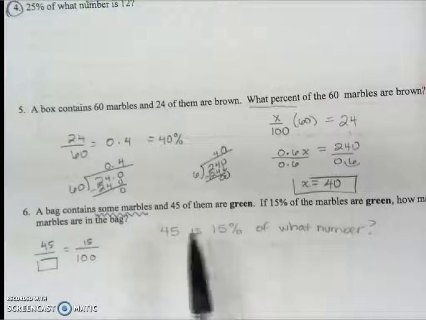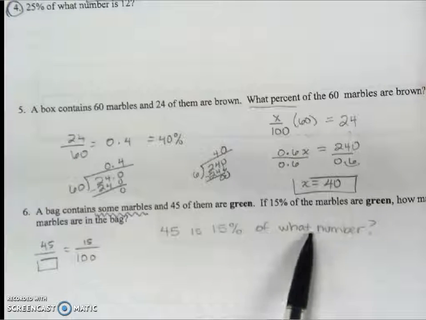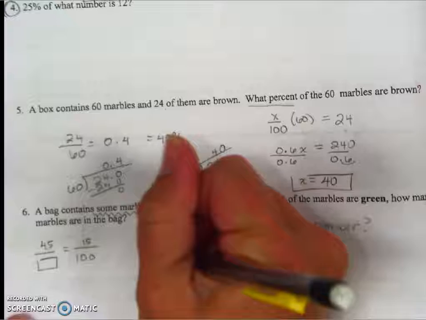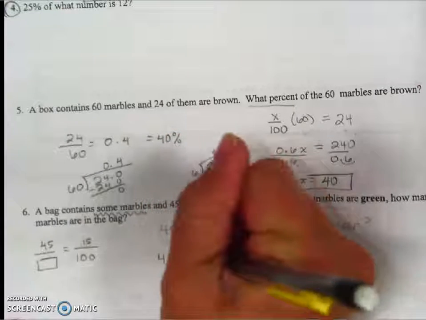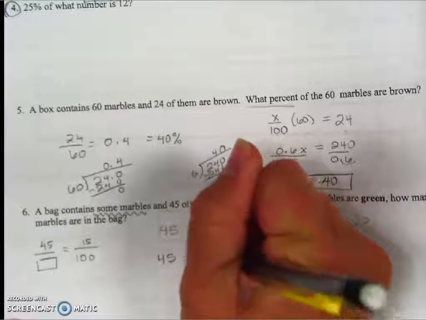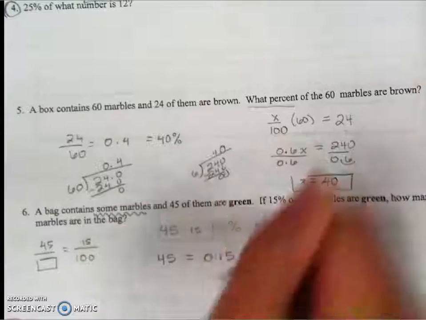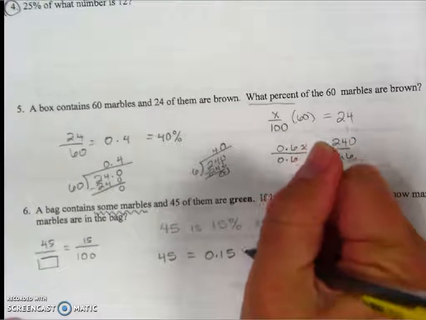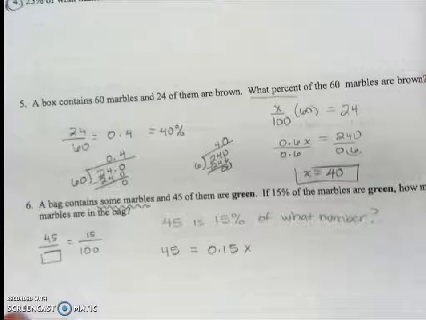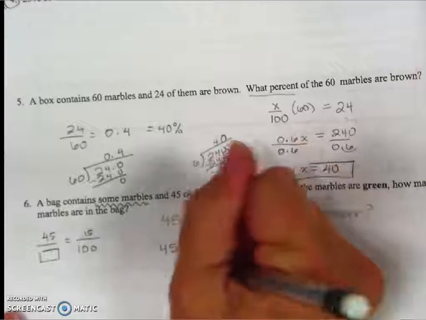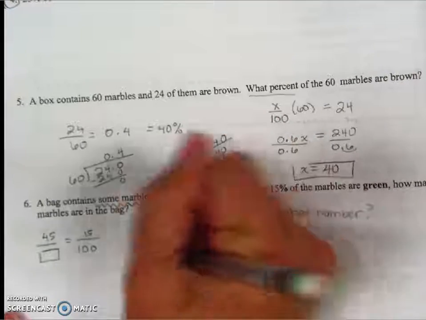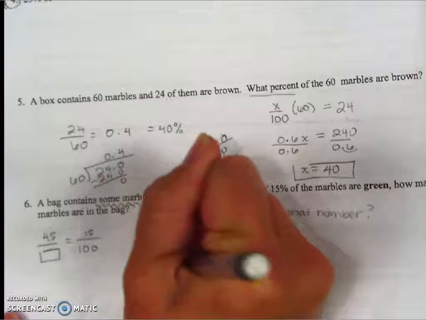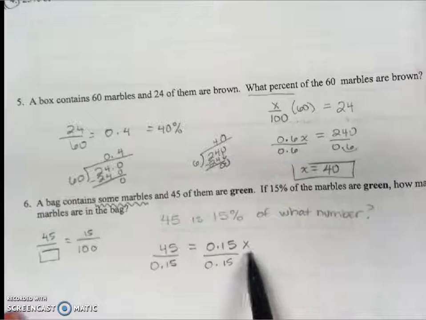Okay, so that's the other way you could set it up. But let's work with our words again, like we did in the last lesson. So 45 is 15% of what number? So 45 equals 15% as a decimal is 0.15 times what number means times X. We're going to take that and divide it by the 0.15. Again, remember we're dividing because that number was attached to the X, and that's what I need to get rid of.